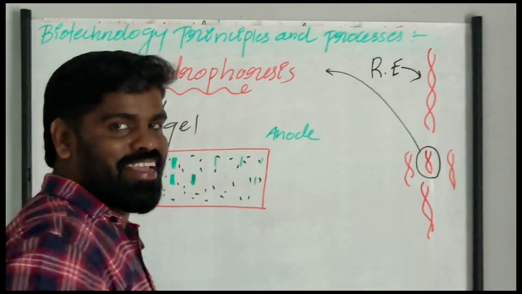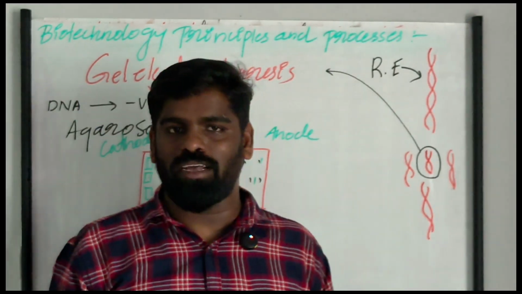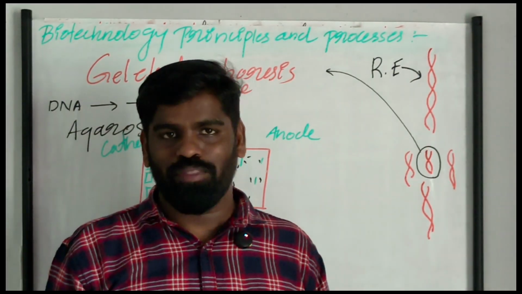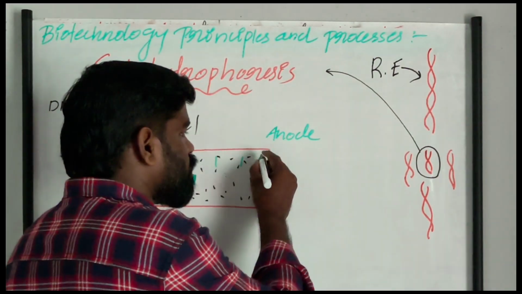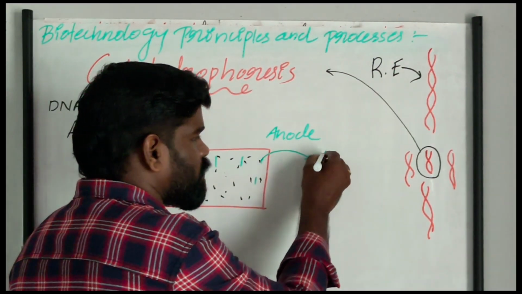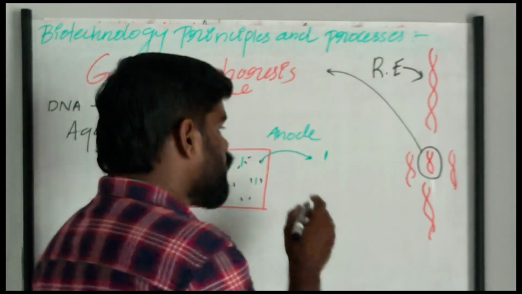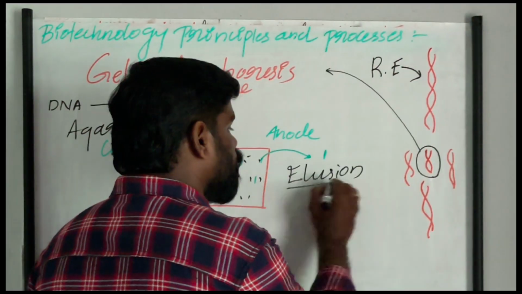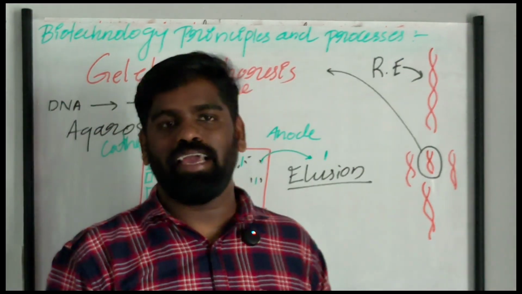Here I have written green, but we can observe orange colored bands in the gel. Those orange colored bands indicate DNA. After that, we can cut the gel and separate the smallest DNA fragment. That process is called elution. Elution is the process of cutting the gel and separating the smallest DNA fragment.